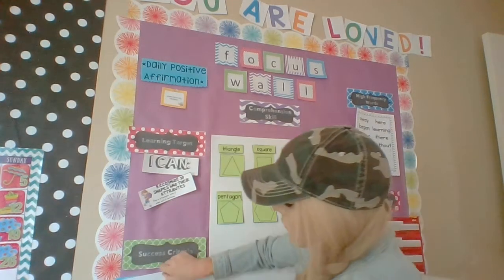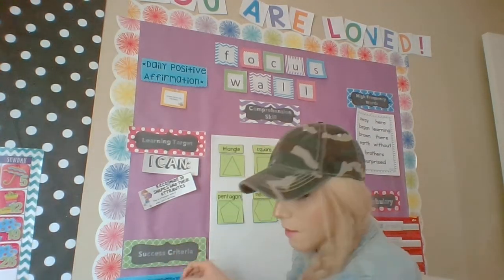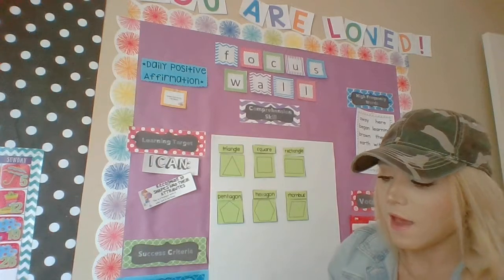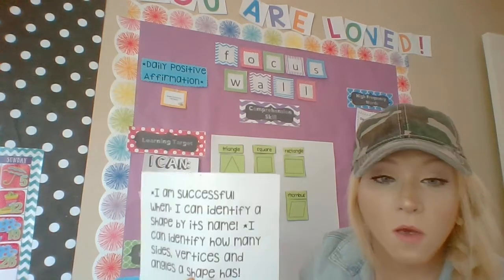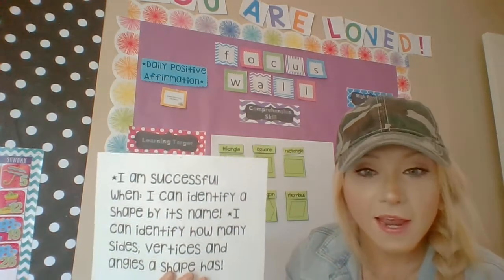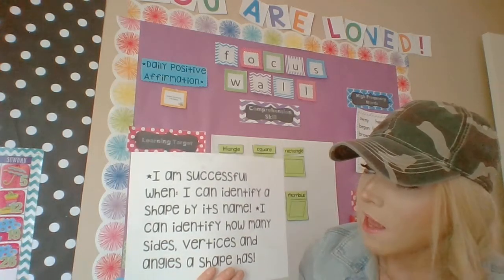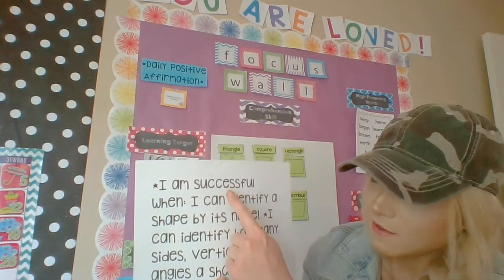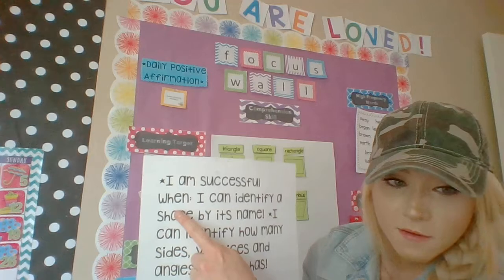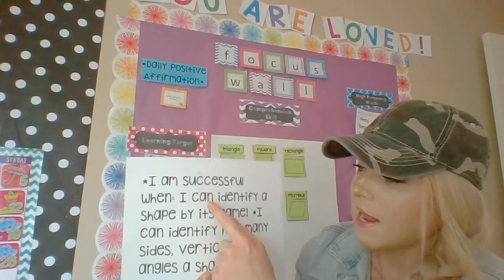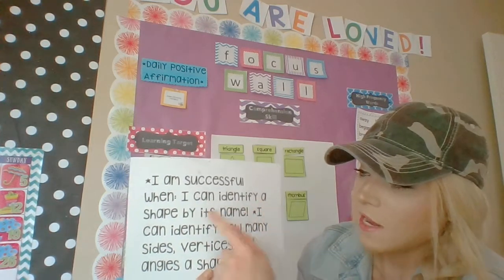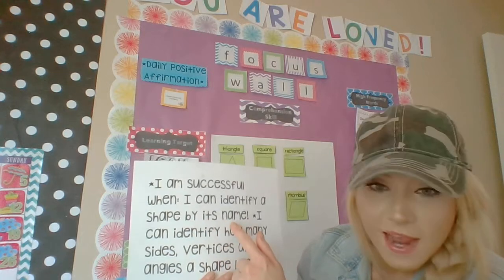Let me undo it from the wall so you can read it. Okay, repeat after Ms. Peterson. This is how we're going to reach our goal today. I am successful when I can identify a shape by its name.